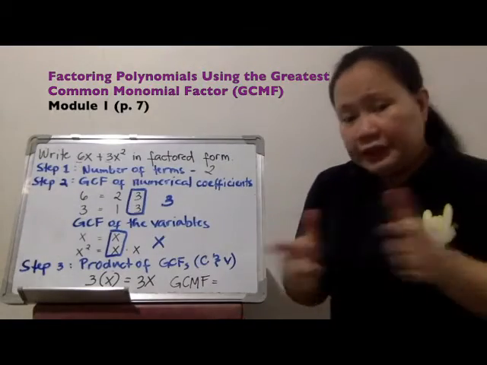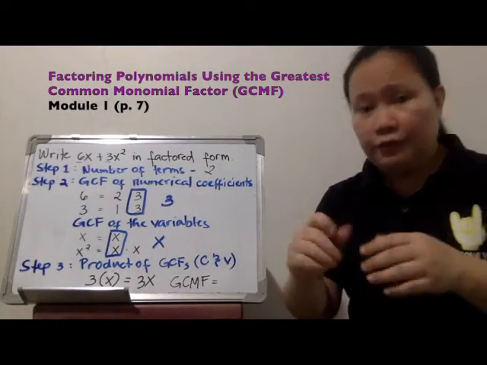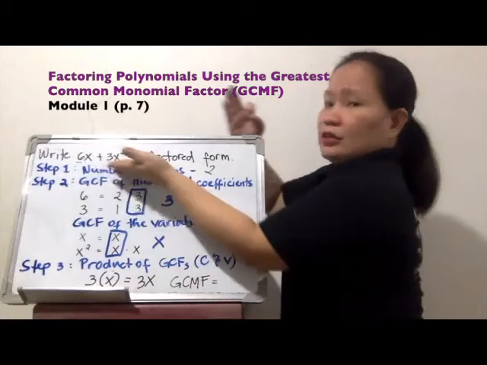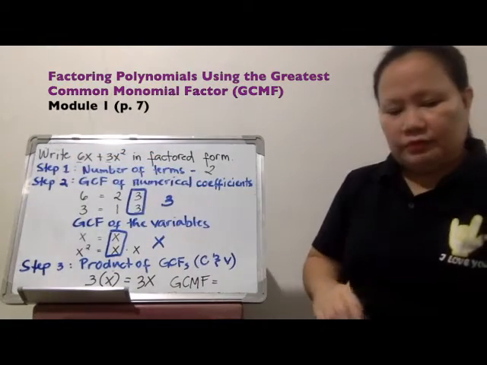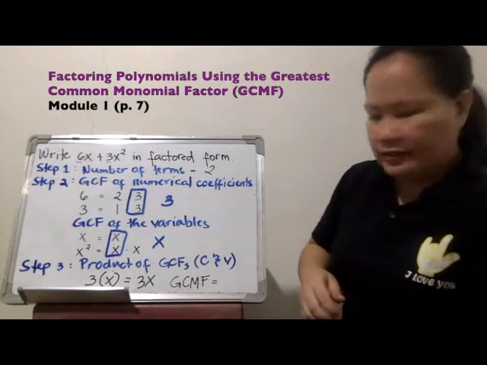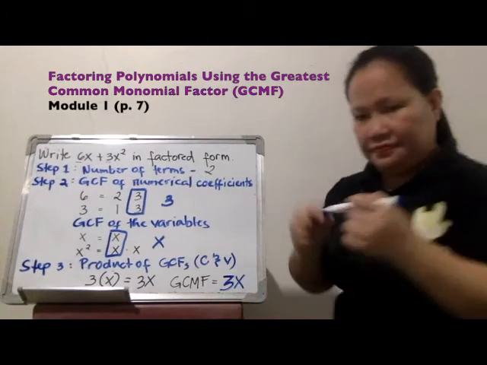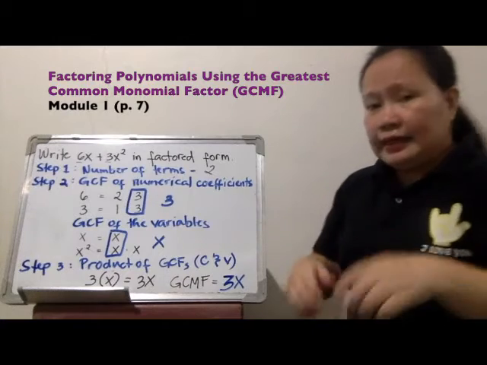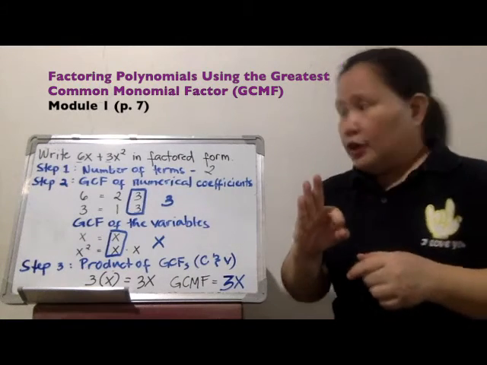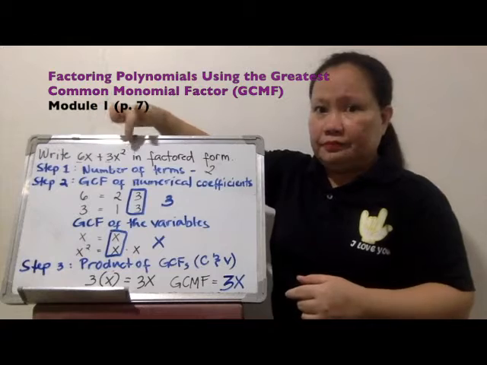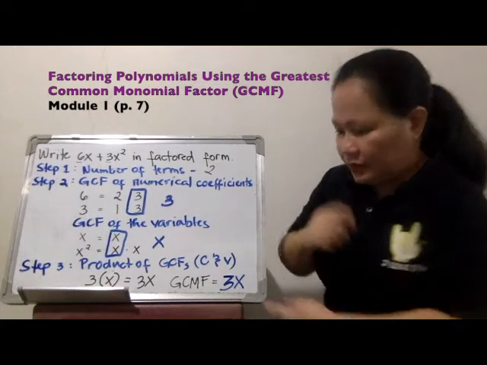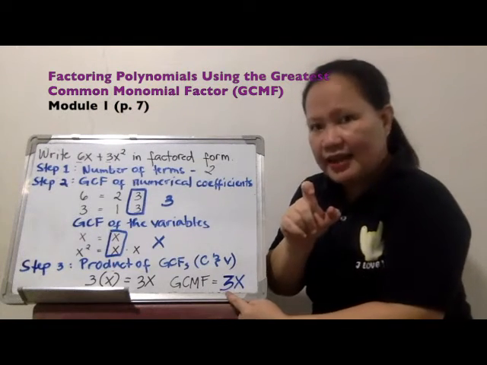So the greatest common monomial factor of these 2 terms is 3x. The GCF of these 2 terms is 3x.